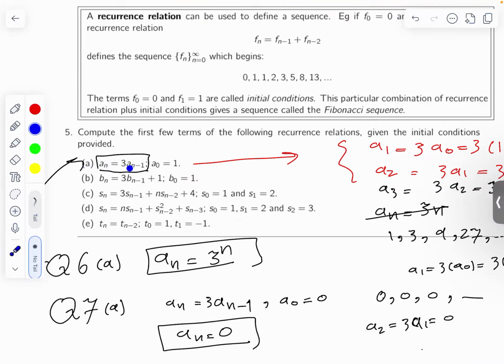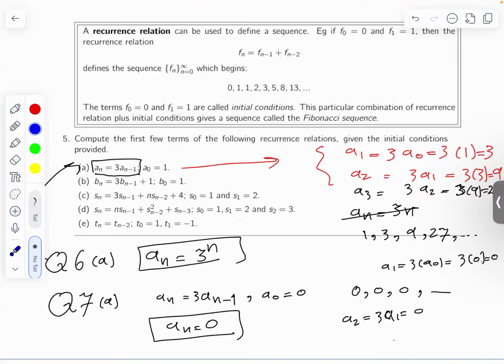The order of this recurrence relation is 1. When we have a recurrence relation, we should have an initial condition. Otherwise, we cannot find it. What's the difference of Bn and Bn minus 1? In terms of indices, it is just 1. Bn, B sub n minus 1.